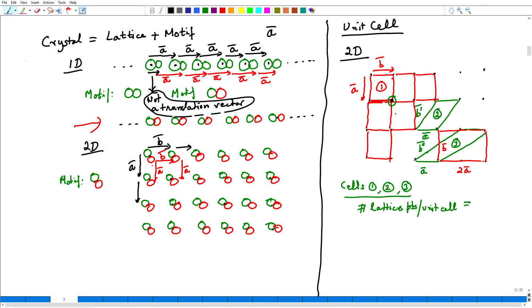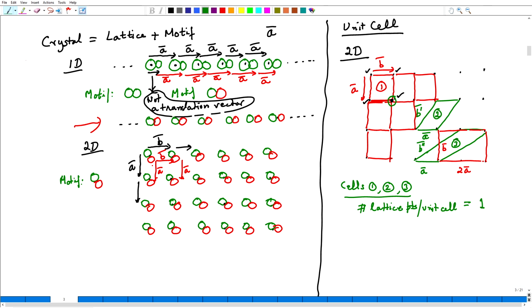That means, effectively only 1/4 of a lattice point is part of a single unit cell, and now there are 4 such lattice points, here all the 4 corners, and 1/4 is part of the unit cell, which means effectively I have 4 into 1 upon 4, which is equal to 1 lattice point per unit cell.